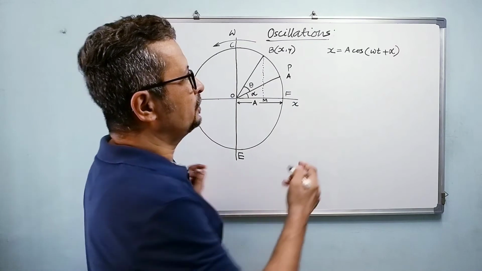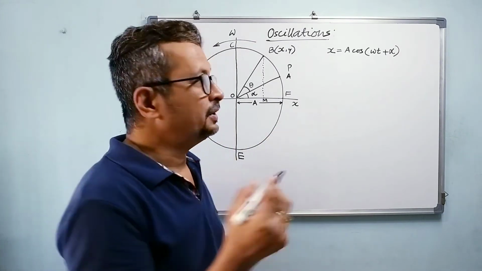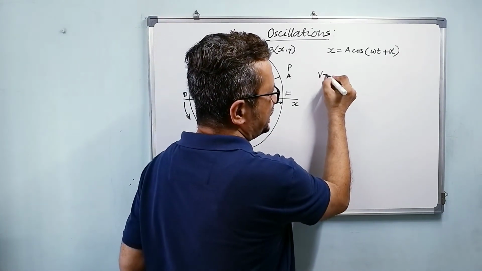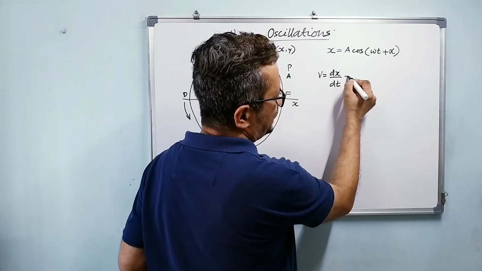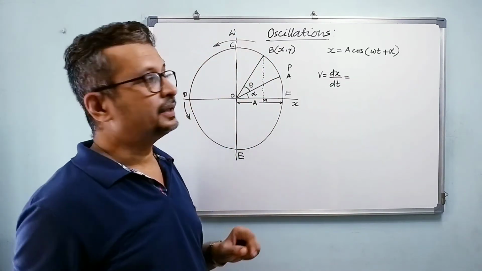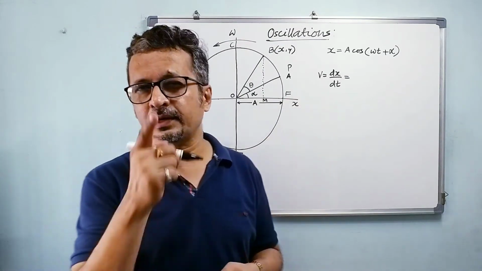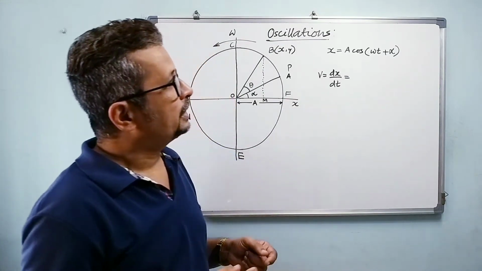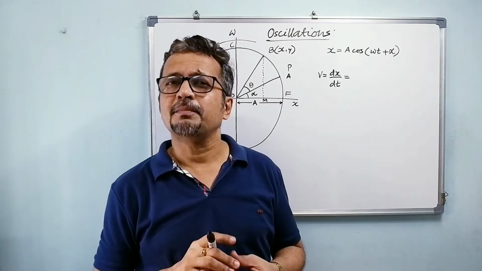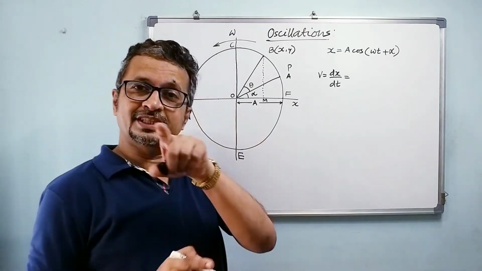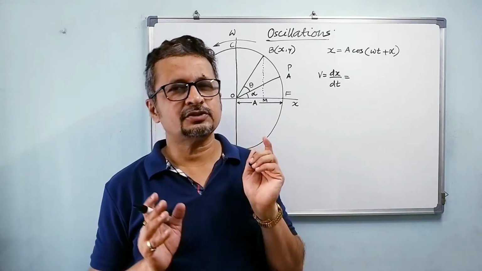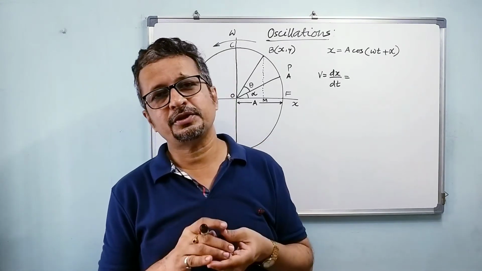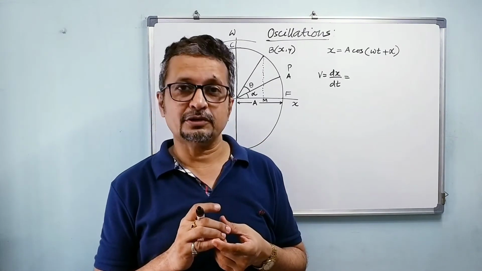Okay. Now what about velocity here? Velocity would be dx by dt, and then that would be the derivative of cos of omega t. We are differentiating. So derivative of cos theta is minus sin theta. So using chain rule, again for this basics of calculus, refer to my videos on calculus in physics.